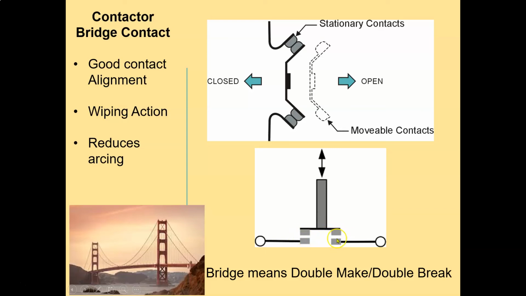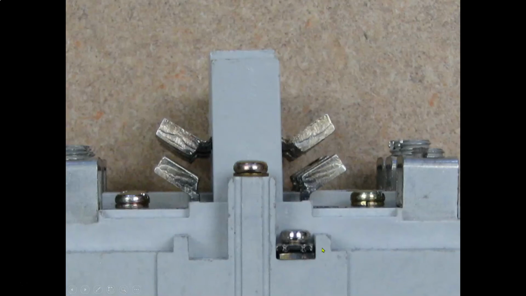It's going to break at 2 points here, and again, that's going to reduce the arcing in those contacts. So here you see them, bridge contacts. When an armature pulls in, it's going to come into contact with both sides here, and it's going to give that wiping action that's going to self-clean those contacts.